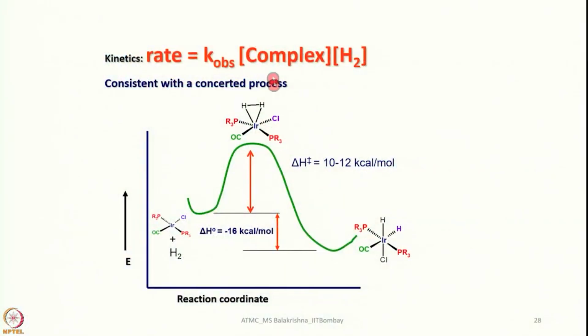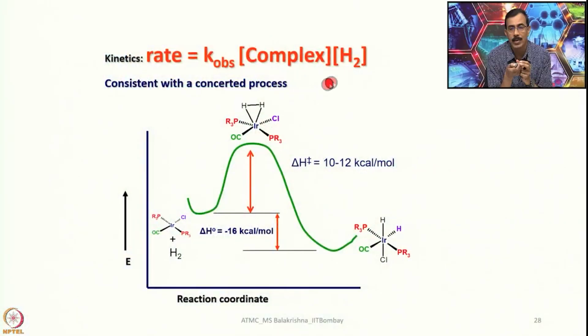Now, let us look into the kinetics involved. Here the rate depends on the concentration of the complex as well as the H2 substrate molecule. This rate constant is consistent with a concerted process. You can see the reaction coordinate I have shown here.